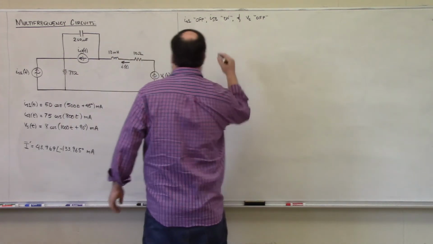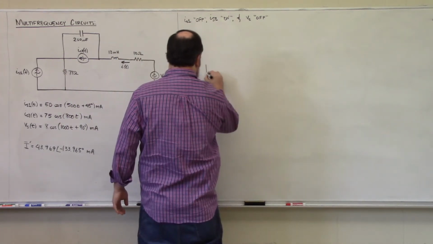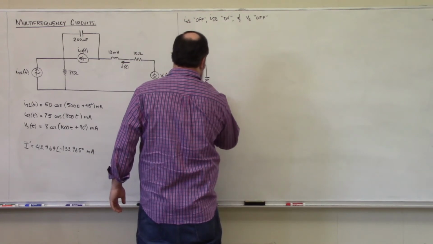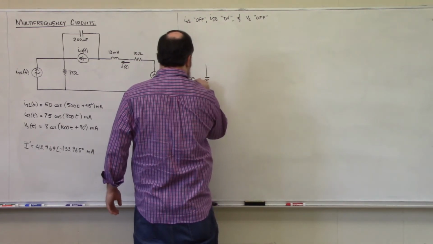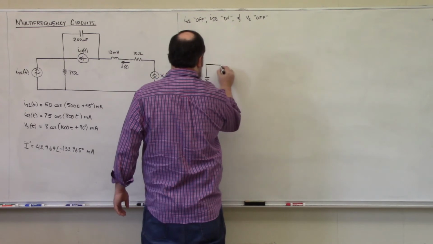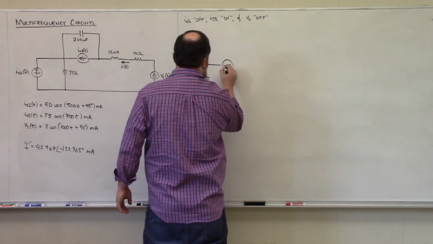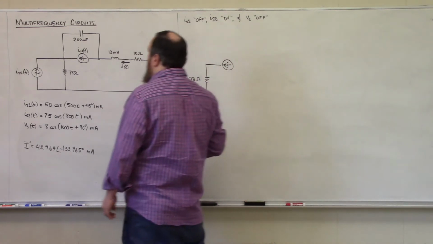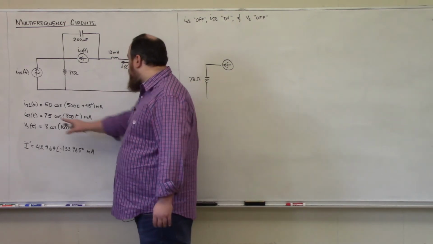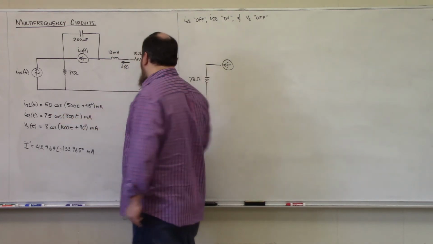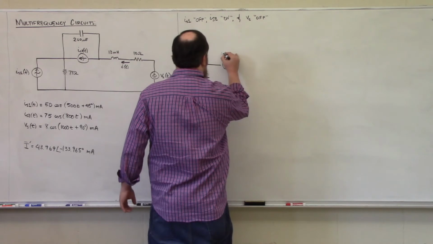So I'm going to have my 73 ohm resistor. The phasor representation of current IS2 will be 75 angle 0 degrees milliamps.